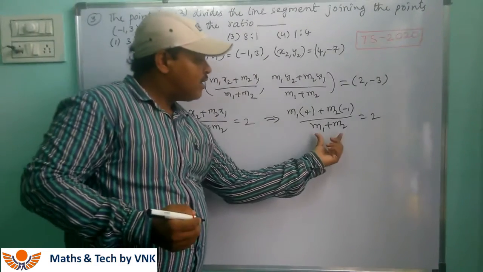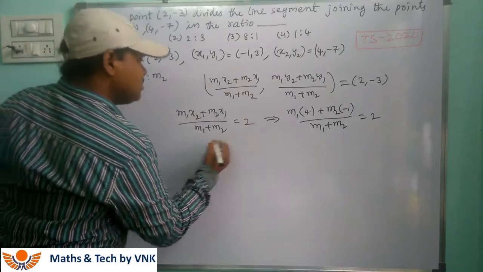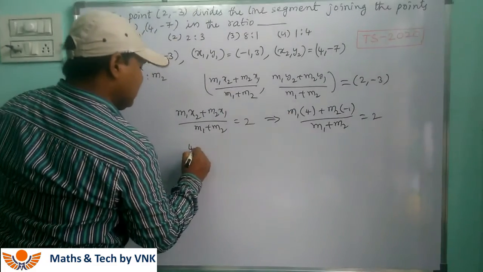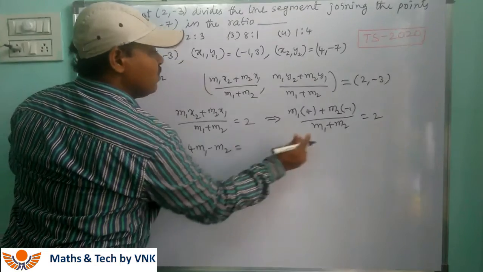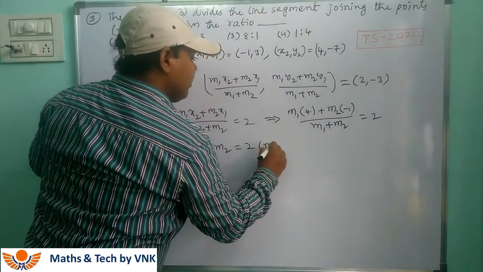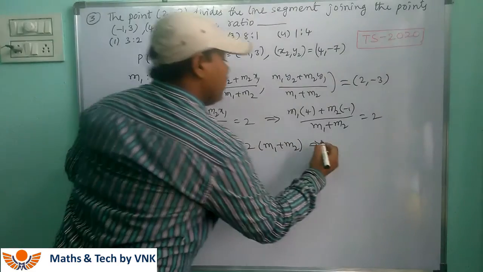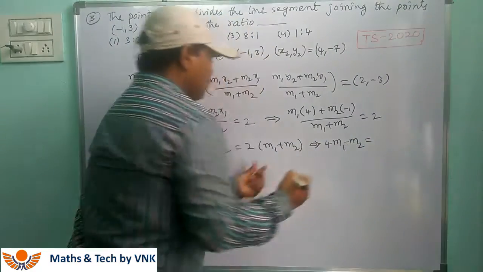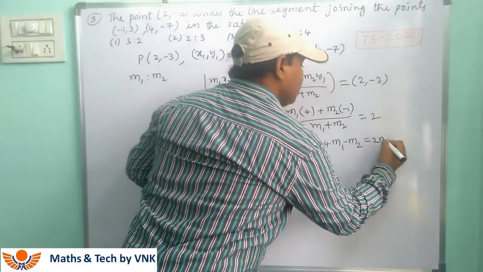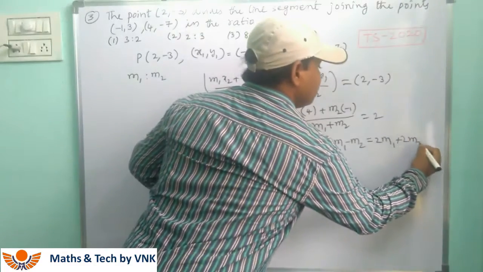So denominator ఉన్న m1 plus m2 ని రైట్ సైడ్ తీసుకెళ్తే అది మల్టిప్లై అవుతుంది. సో దిస్ ఈస్ 4m1 minus m2 is equal to 2 into (m1 plus m2), which implies 4m1 minus m2 is equal to 2m1 plus 2m2.